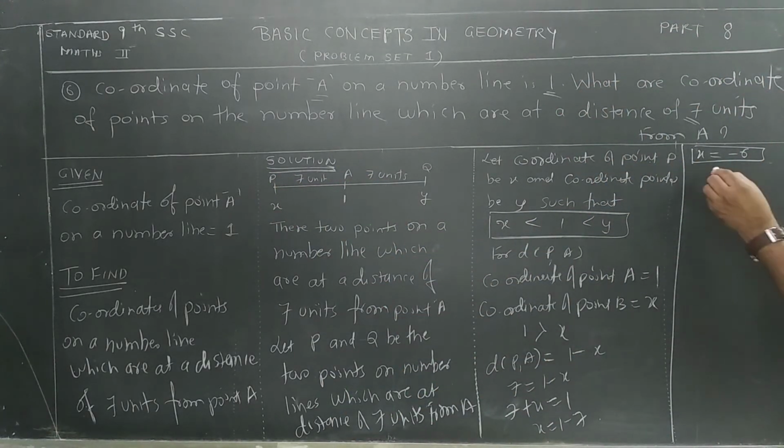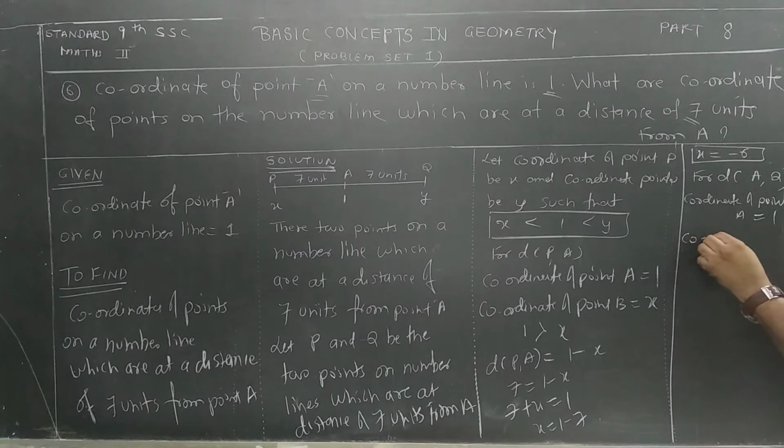Now what I can do is, for distance AQ, the coordinate of point A is 1 and the coordinate of point Q is Y, and Y is greater than 1.